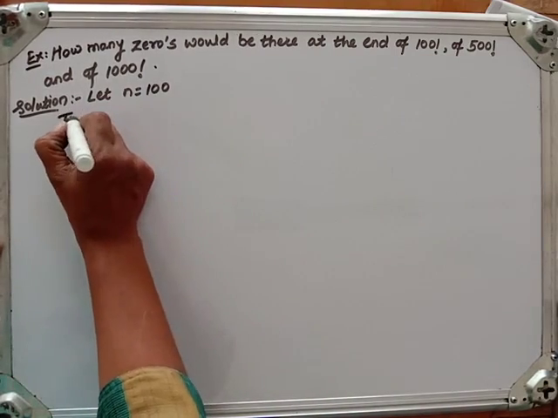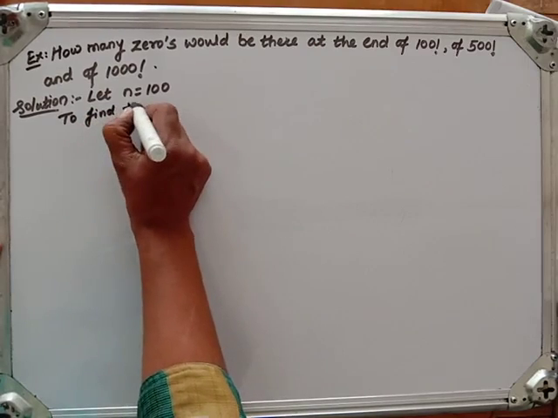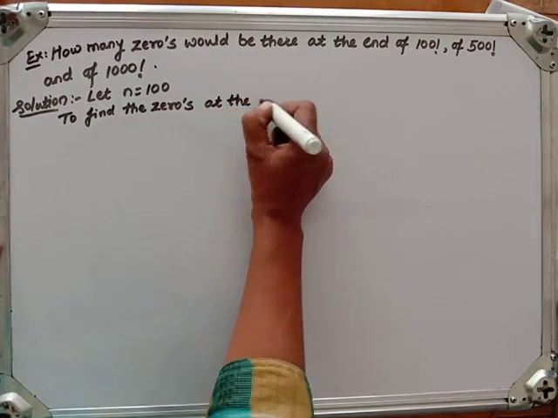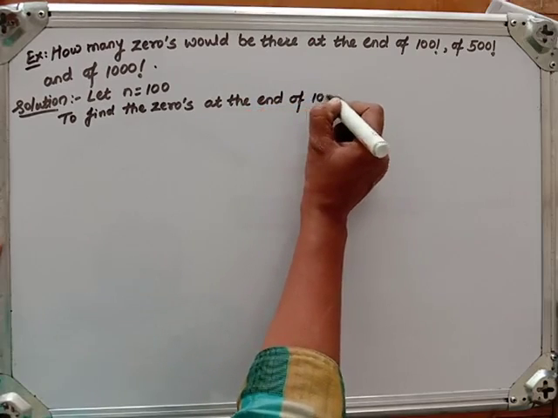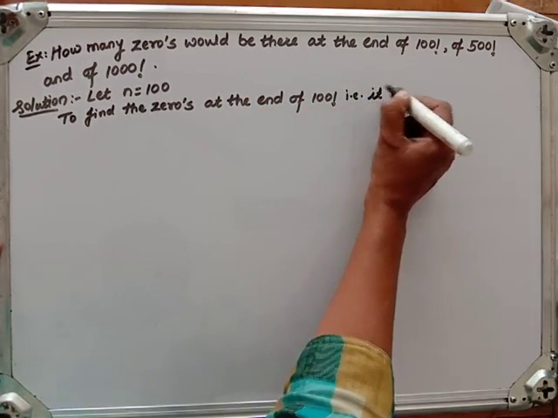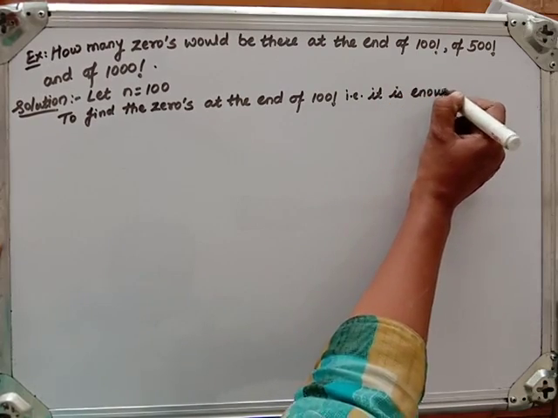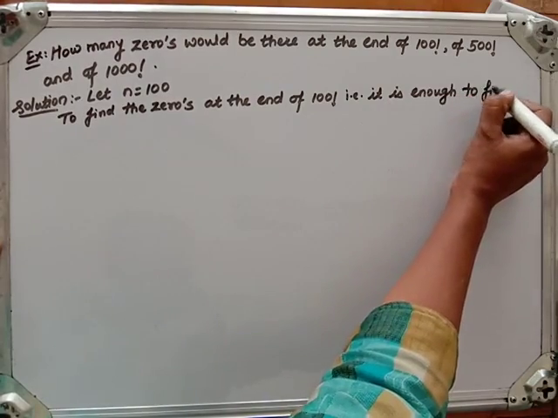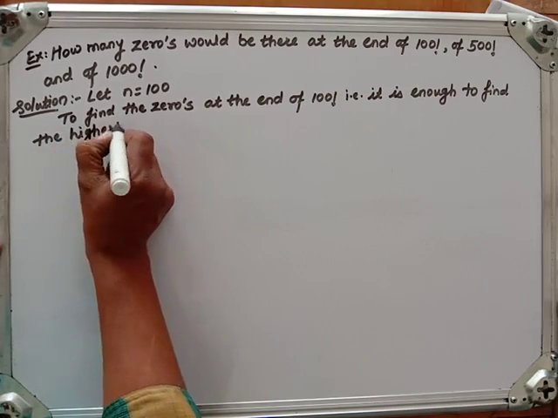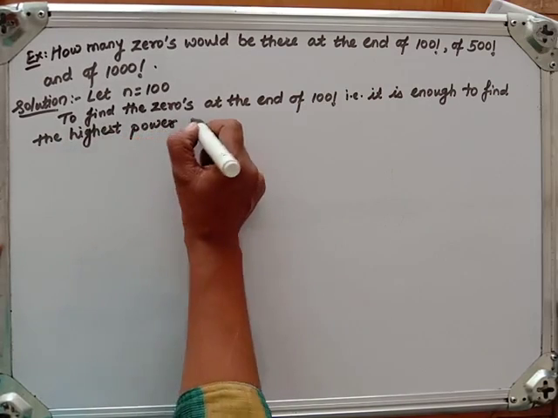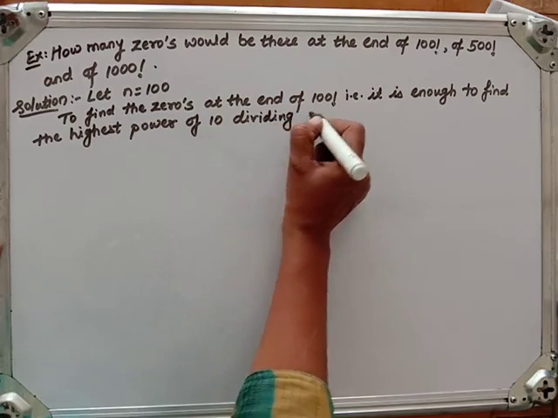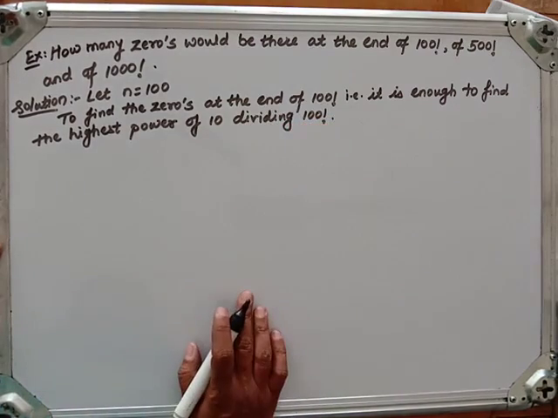To find the zeros at the end of 100 factorial, it is enough to find the highest power of 10 dividing 100 factorial. These are two equivalent things.